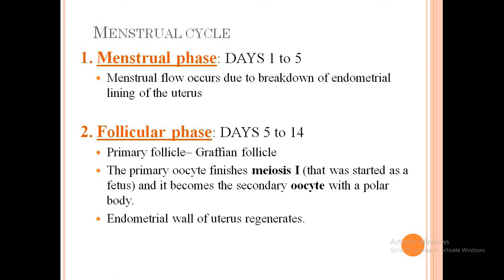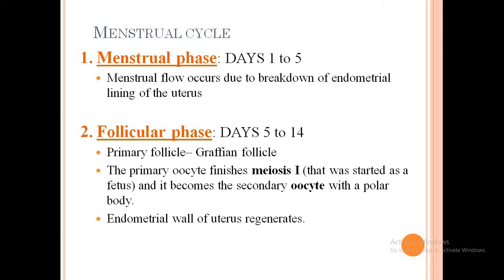In the same way, the erosion of the endometrium takes place. As a result, the female experiences the discharge of blood. This phase occurs only when there is no fertilization. During this phase, one important thing is that the level of progesterone is very low and the level of estrogen is also low. Let's come to the next phase.